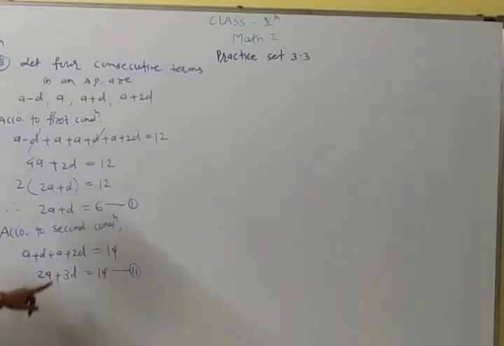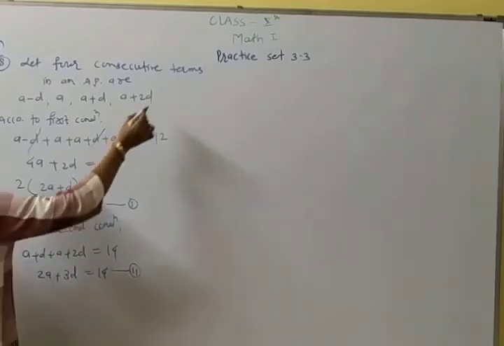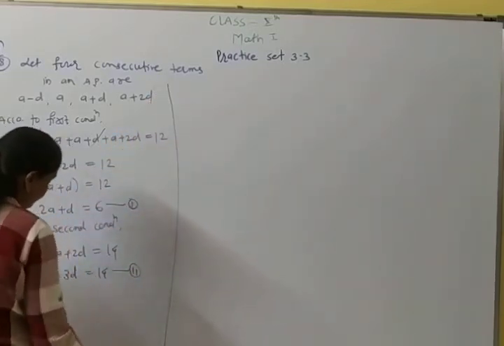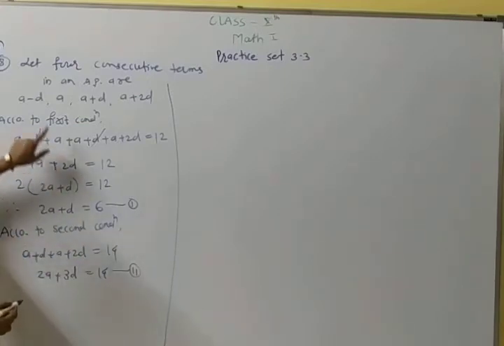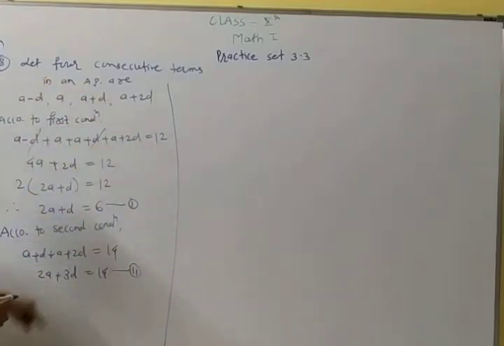Solve equations 1 and 2 simultaneously, find the values of a and d, and then put them in these terms to find our solution.